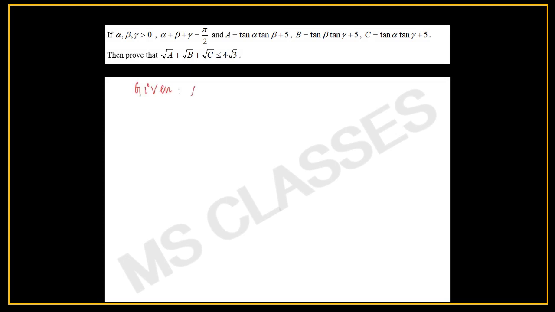Let A = tan α tan β + 5, B = tan β tan γ + 5, C = tan α tan γ + 5.